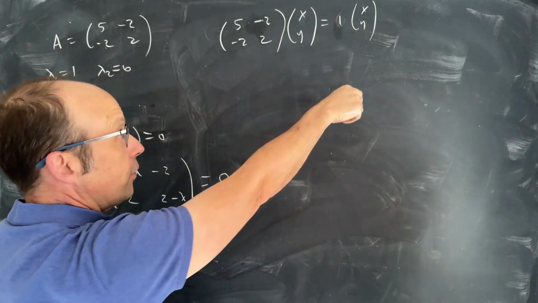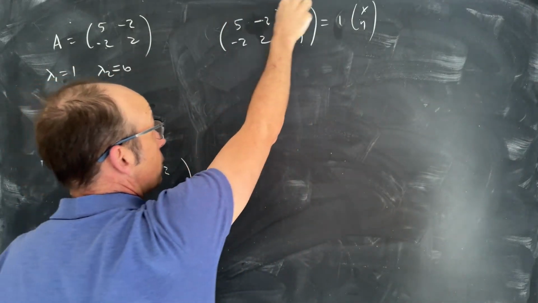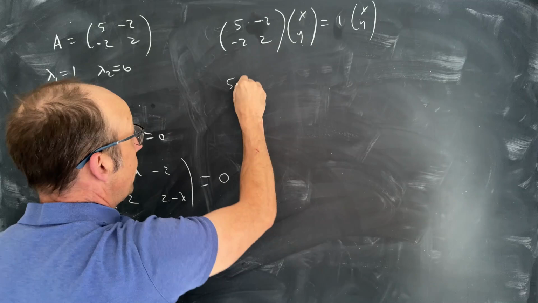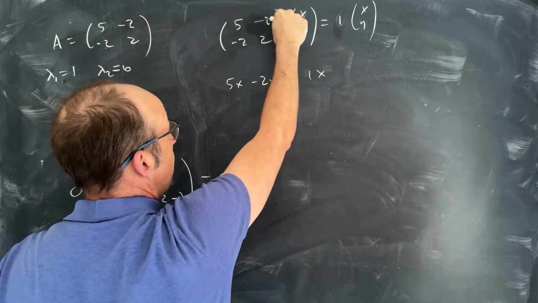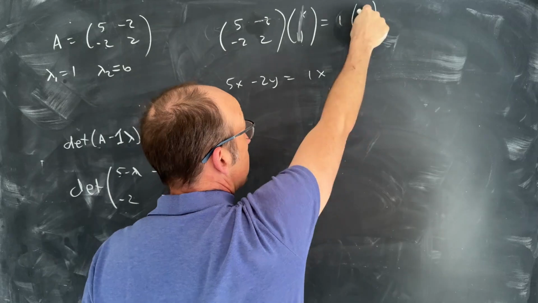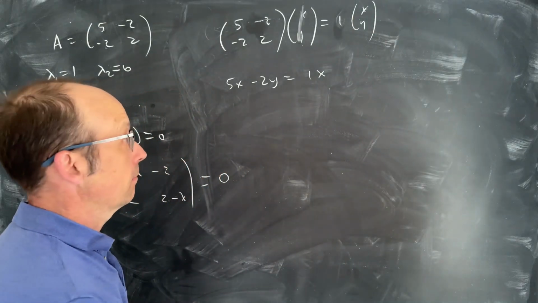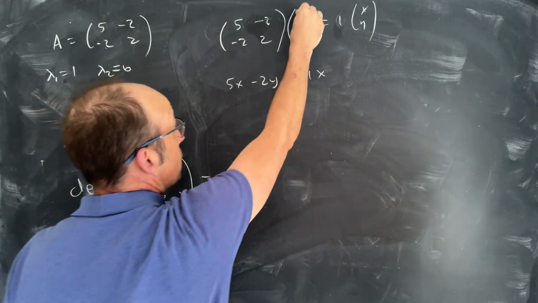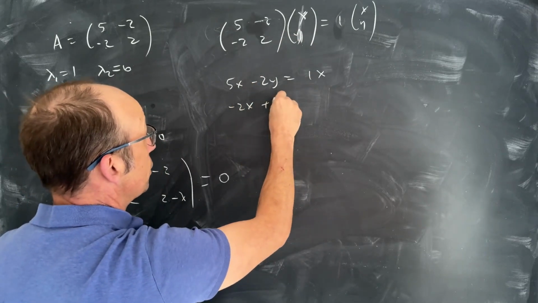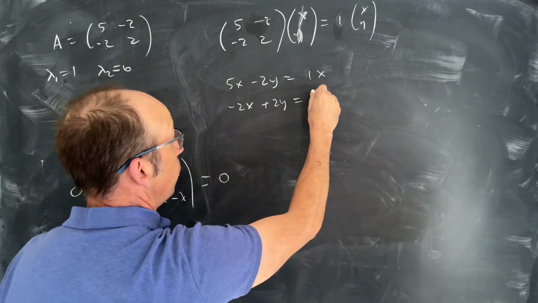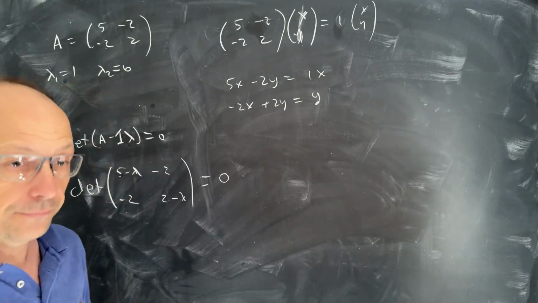If I do this operation, I get 5x minus 2y equals 1x, right? Because this operated on that gives me this times that, which is x. And then the second one, which I kind of scrubbed out, gives negative 2x plus 2y equals y, 1 times y.